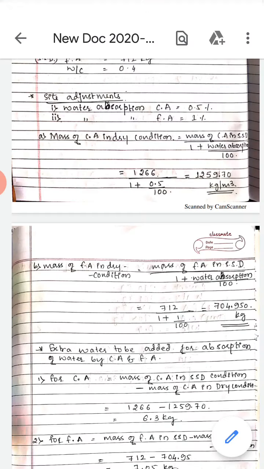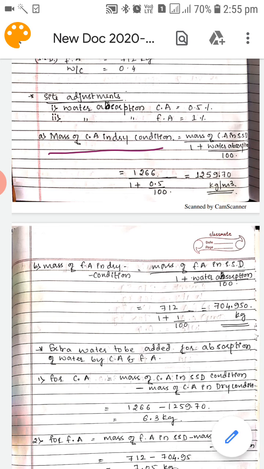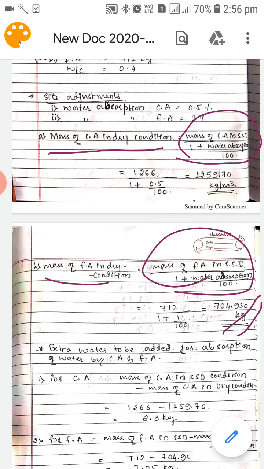So we will calculate the mass of the dry coarse aggregate by using this formula, then we will also calculate the mass of the dry fine aggregate by using this formula. We have got the masses of the dry aggregates.